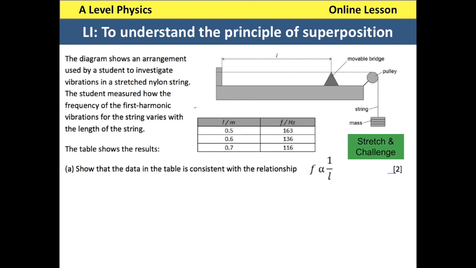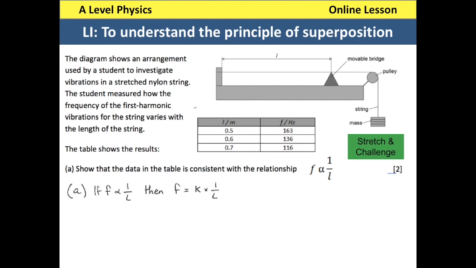We've got 3 values for length, which give us 3 values for the frequency of the first harmonic. We want to show that the data in that table is consistent with the relationship frequency is proportional to 1 over length, or in other words, the frequency is inversely proportional to the length.